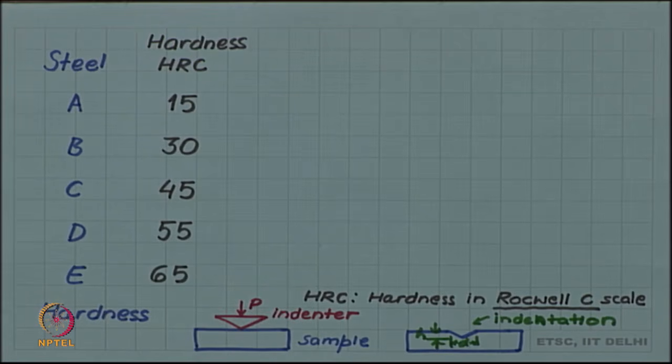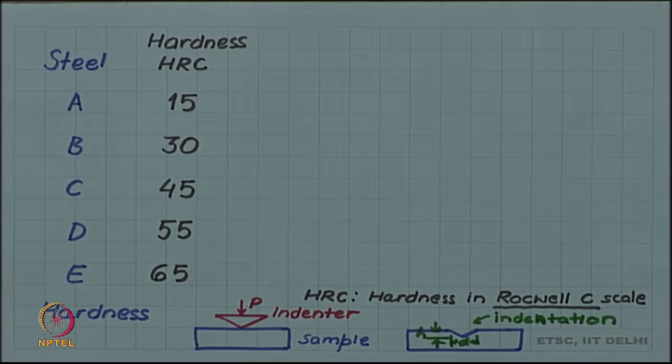I am just making up these numbers. Essentially, I want to say that the hardness is continuously increasing as we go down in this table, so that E is more than 4 times harder than A. So, suppose we make this measurement and we find these hardnesses. What can we guess about these 5 steels?